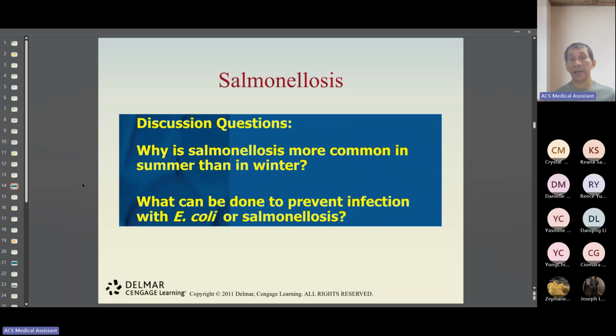How's the temperature inside? Below environmental levels. Why? Because we keep the temperature a little cooler because we want to prevent the spread of these microorganisms.